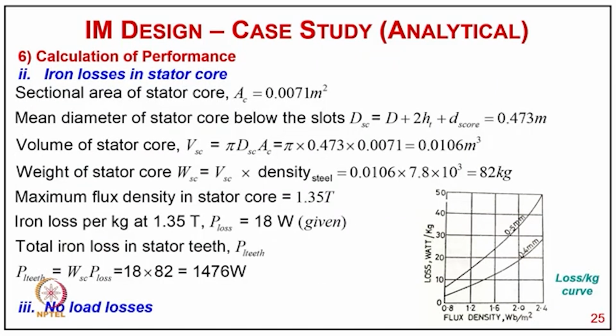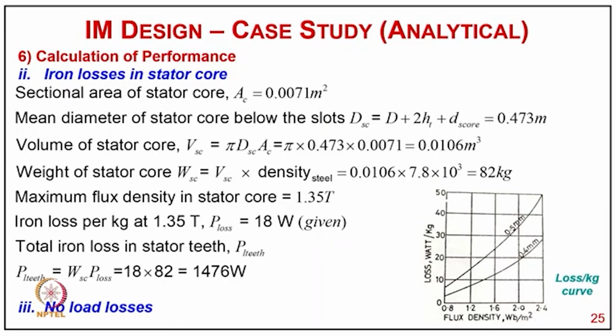Now coming to the iron loss in the stator core, the sectional area of the stator core we already got, AC equal to 0.0071 meter square, and the mean diameter of the stator core below the stator slot is DS equal to D plus 2ST plus T core, equal to 0.473 meter. The volume of the stator core will be Vs equal to pi DS into AC. Putting the values, it comes to 0.0106 meter cube, and the weight of the stator core Ws equal to Vs into density comes to around 82 kg.